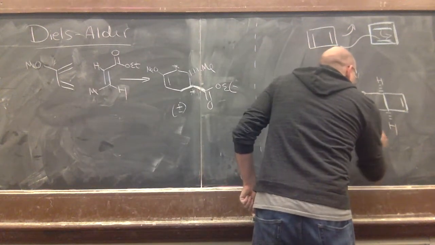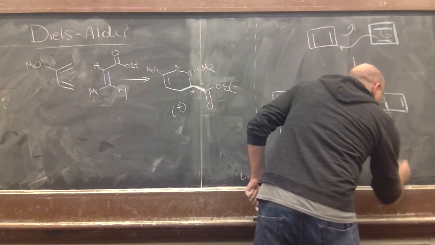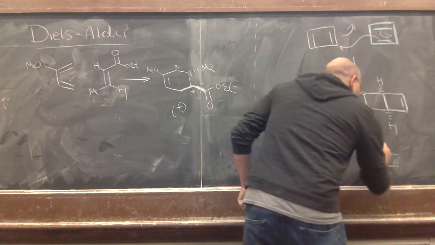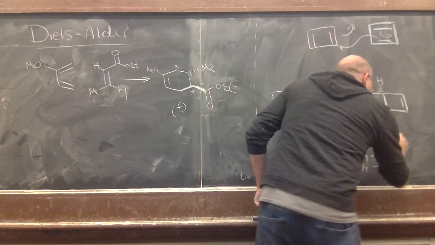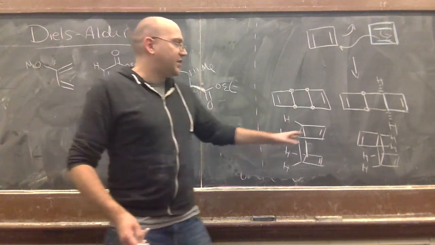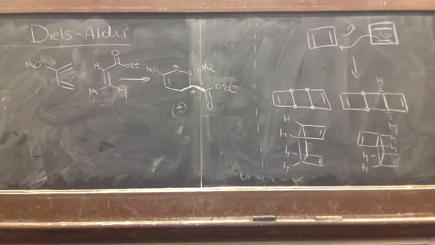And the other one would look more like an S, where the protons are on the opposite sides of one another. You guys see that? So see how on the left one, all the protons are on one face. On this side, the 2 on the top are on one side, the 2 on the other side are on the other side. Okay, so these are the 2 possible cycloadditions that you can get.